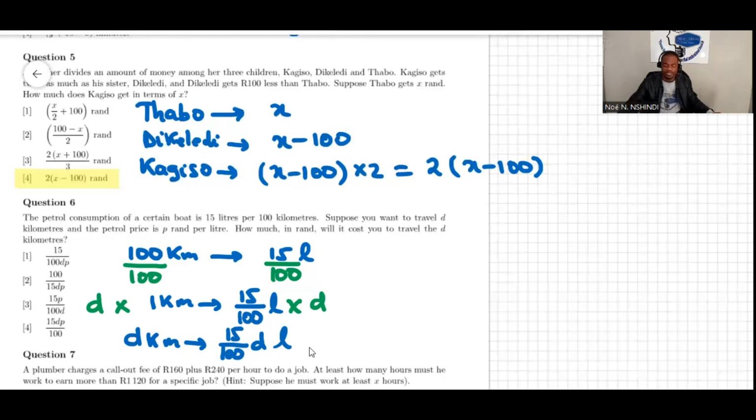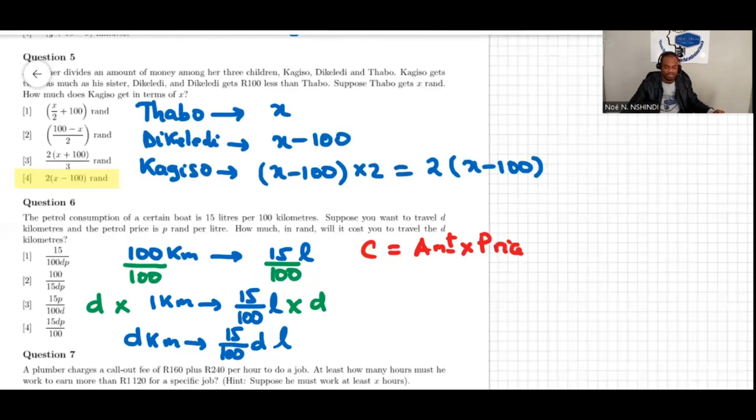Now to find the cost, what should the cost be? The cost will be the total amount times the price, or kilometers times price here.